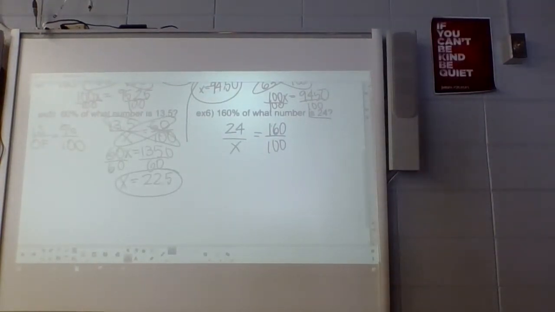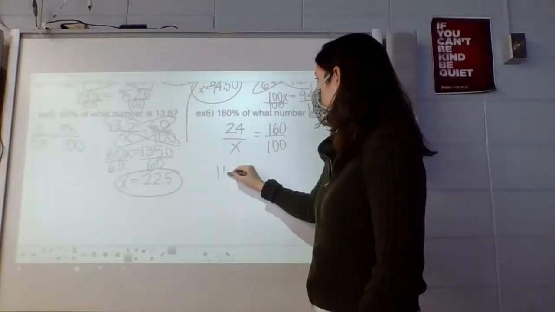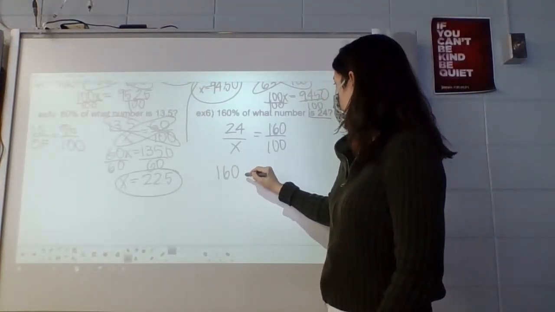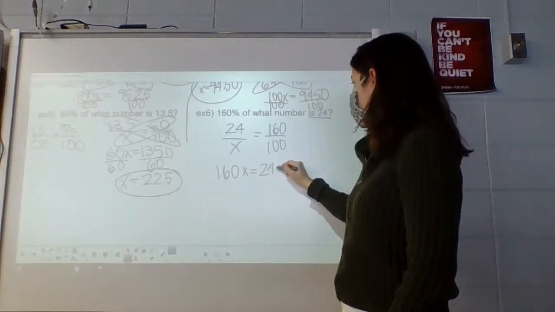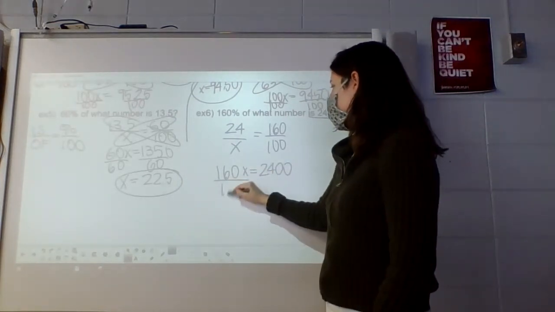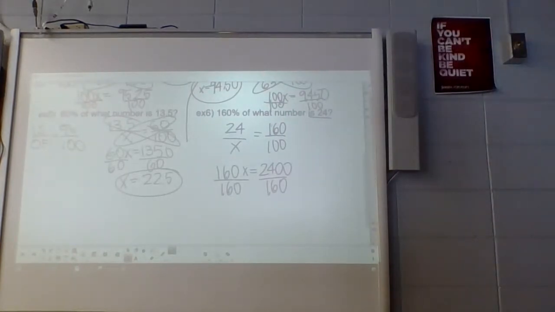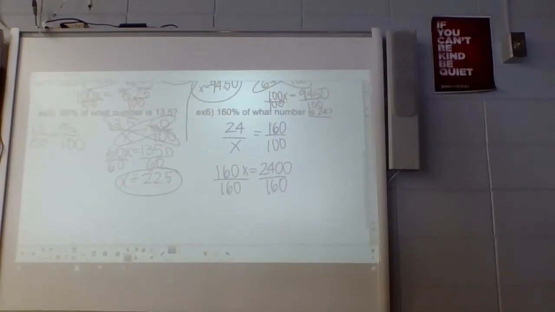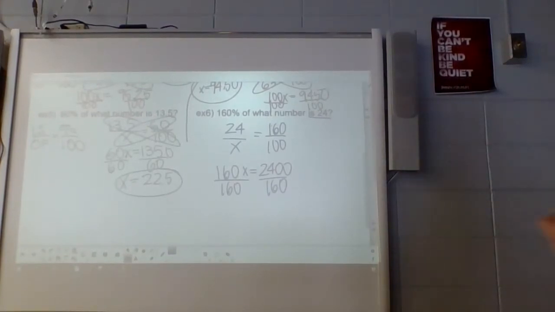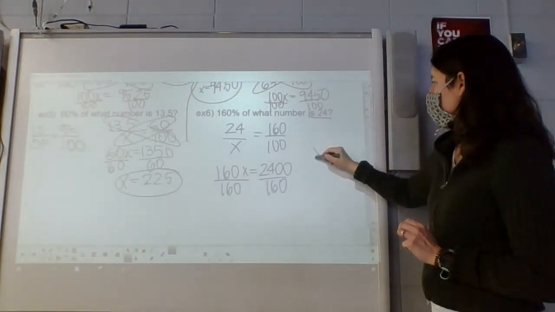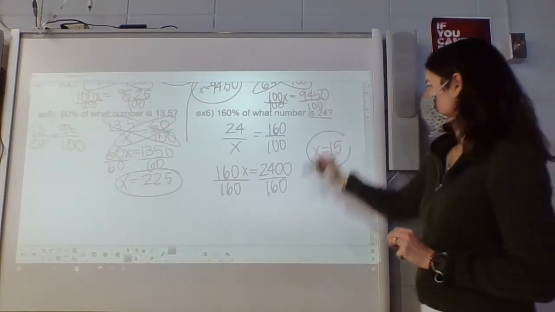And so again, cross multiply, set equal. Divide by 160. And so we'll find out that we get 15, right? So hopefully that's what you guys got as well.